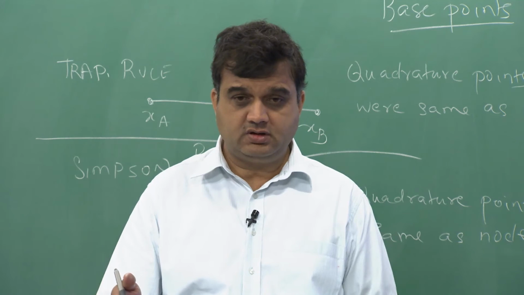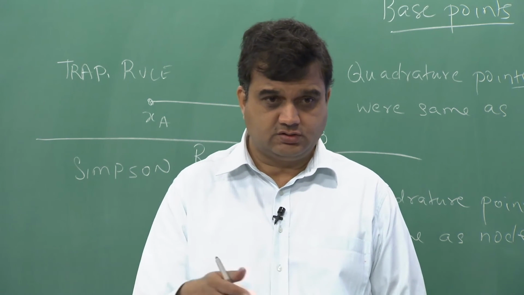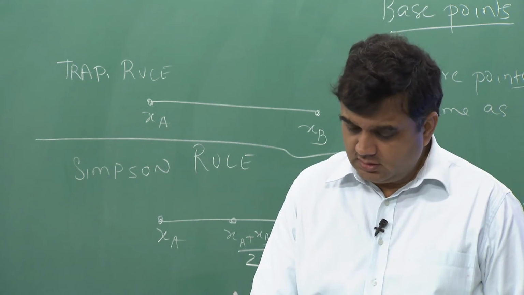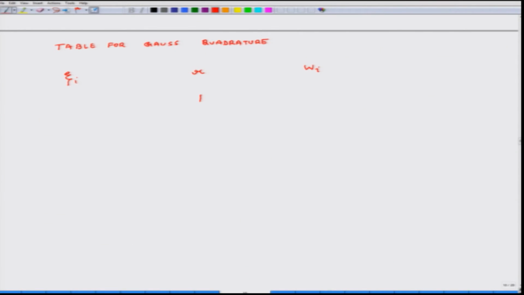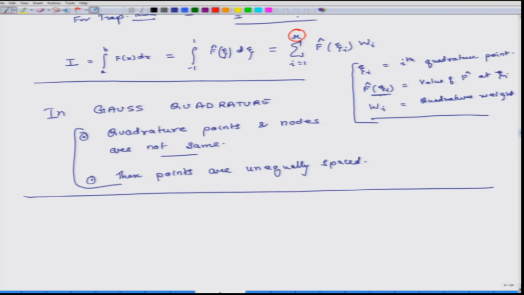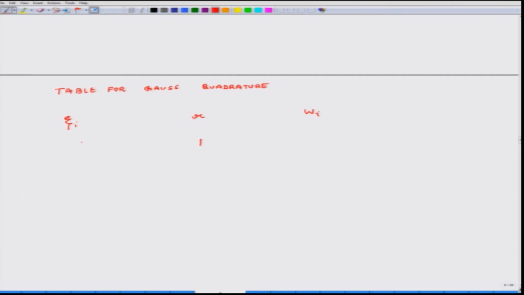Order of polynomial will be n minus 1. The location at which you have to calculate this f zeta will be zeta equal to 0.